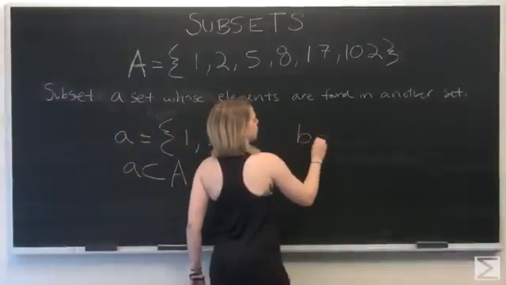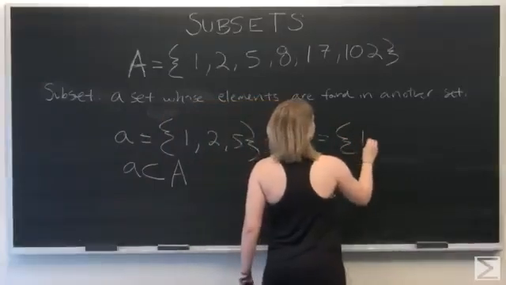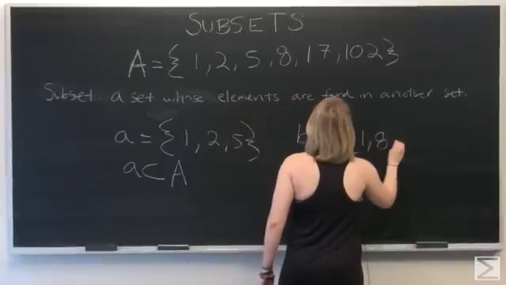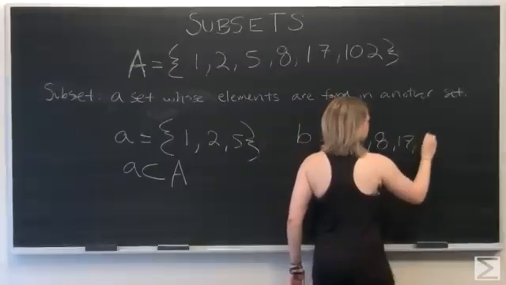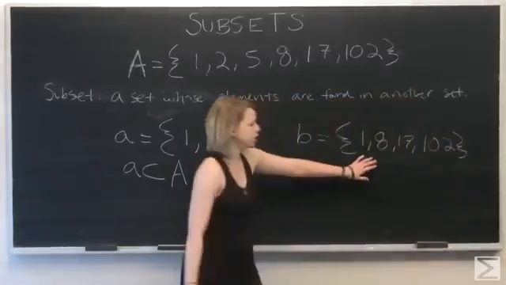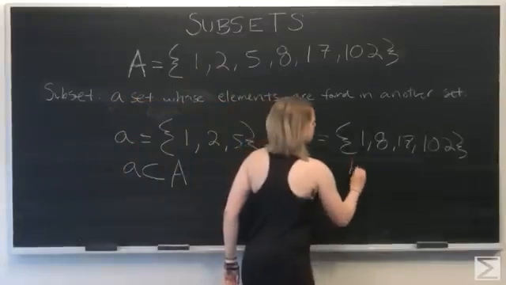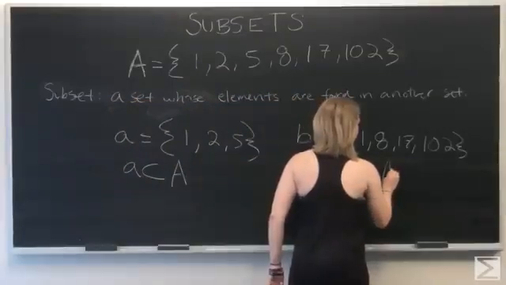We'll do B this time. So B has elements 1, 8, 17, 102. And each of these elements can be found in set A. So B is a subset of A.